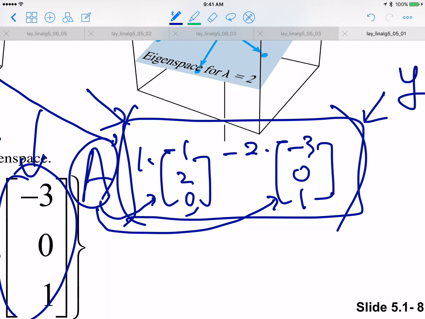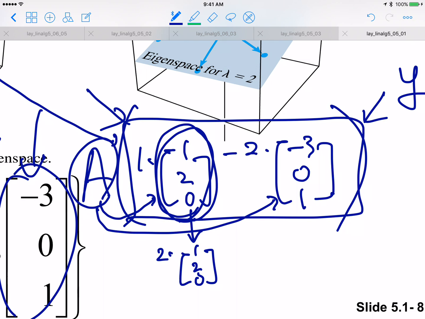And then A times this vector will change. I mean, this will be changed into 2 times this, right? Because this was an eigenvector associated with the eigenvalue of 2. And this one is also changed into the same vector with 2, right?